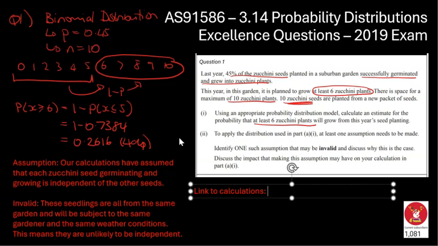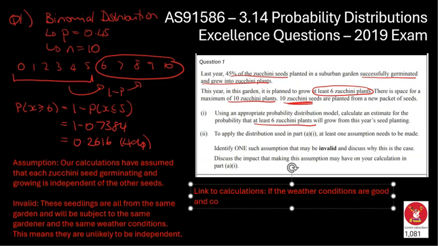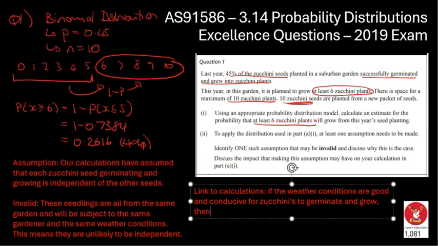So let's talk about the weather part of it. So if the weather conditions are good and conducive, I spelled conducive wrong, for zucchinis to germinate and grow, then the estimate in part I, the one we calculated above, may be an underestimate.